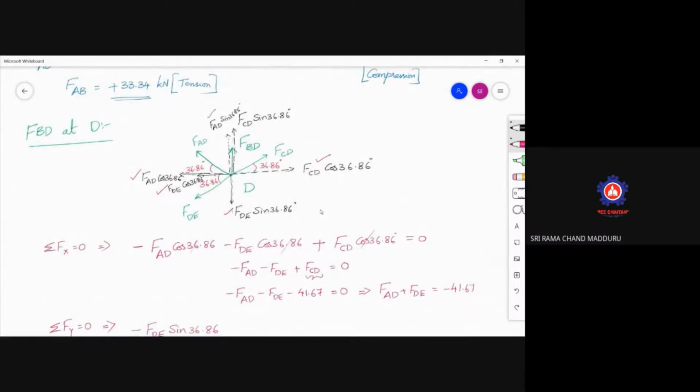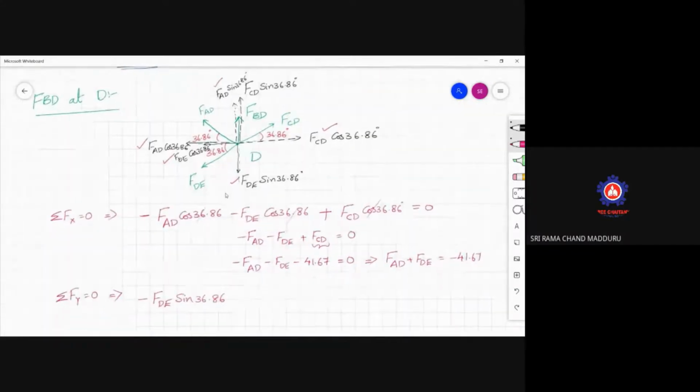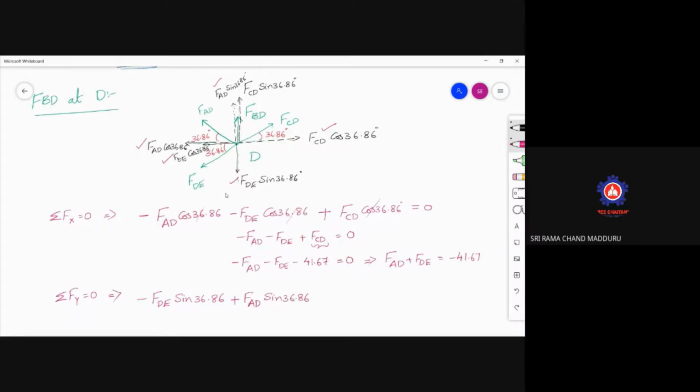Then plus FAD sine 36.86 plus FCD sine 36.86. Yes or no? FCD is also going in the upward direction, so plus FCD sine 36.86.